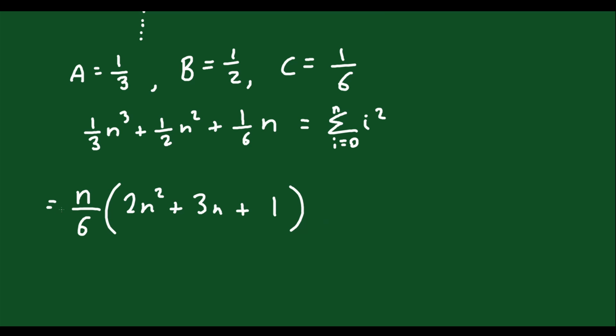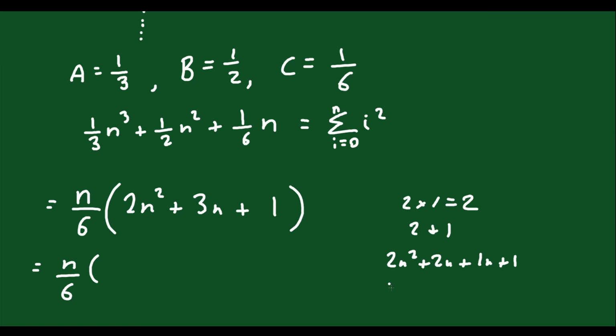If you want to factor it, factor the inside using decomposition, and you would say 2 times 1 is 2. So you want 2 numbers that multiply to 2 and add to 3, so 2 and 1. So you'd have 2n squared plus 2n plus 1n plus 1. Factor by grouping, 2n(n plus 1) plus 1(n plus 1). Therefore you'd get (2n plus 1) times (n plus 1).